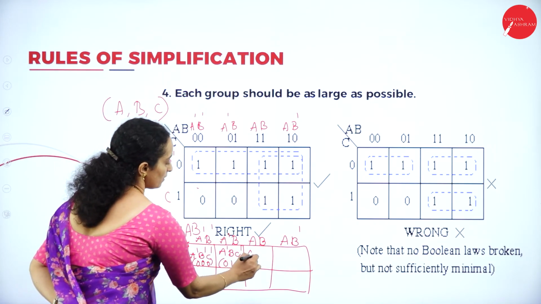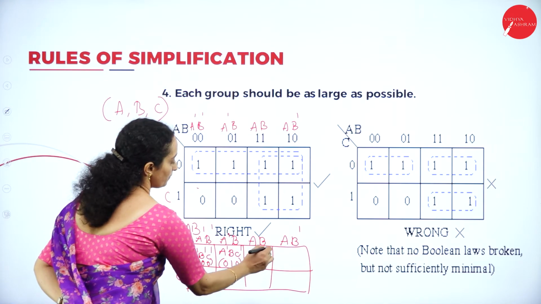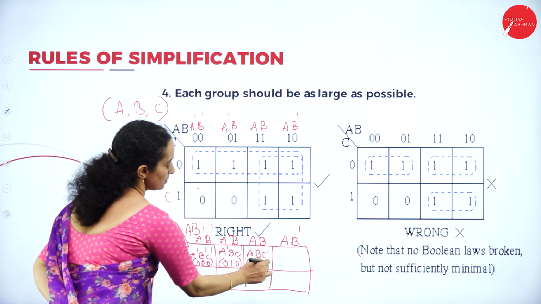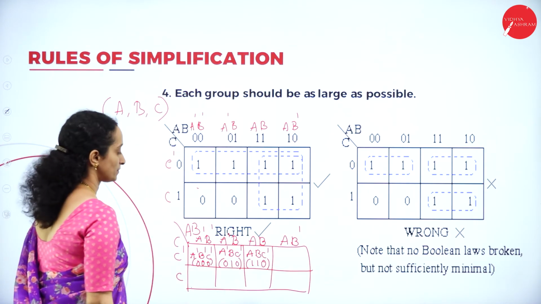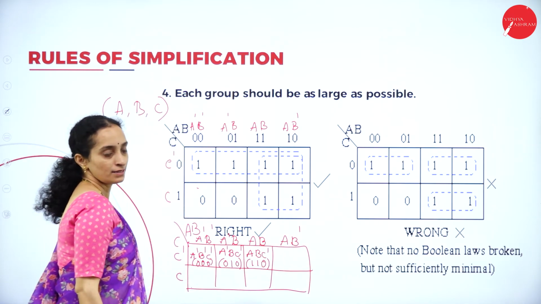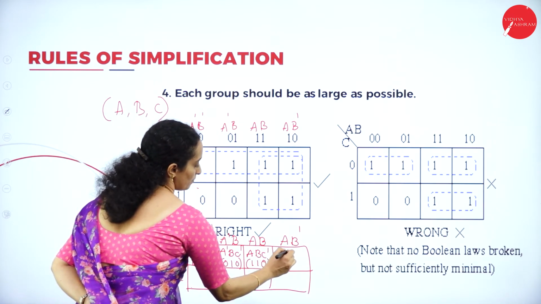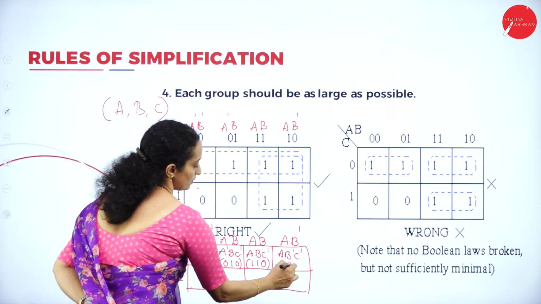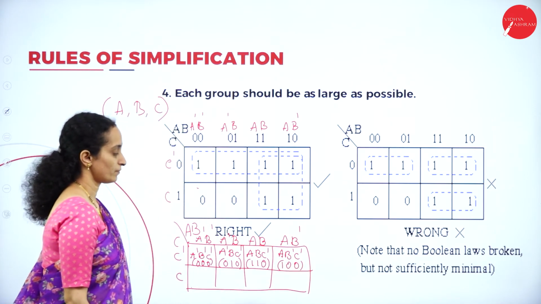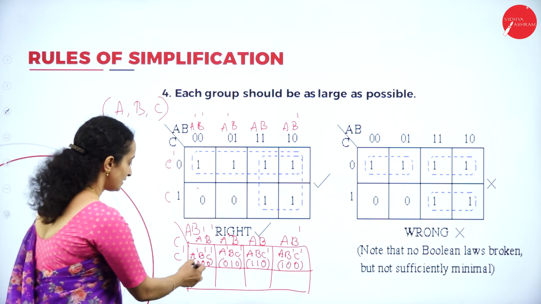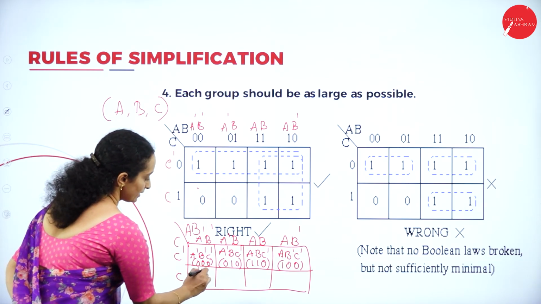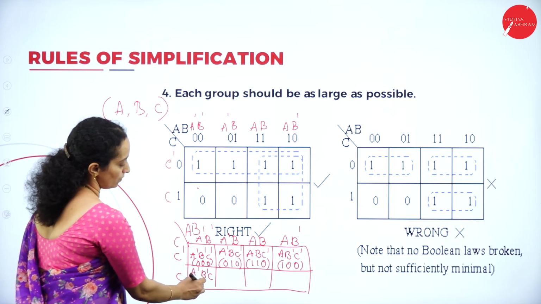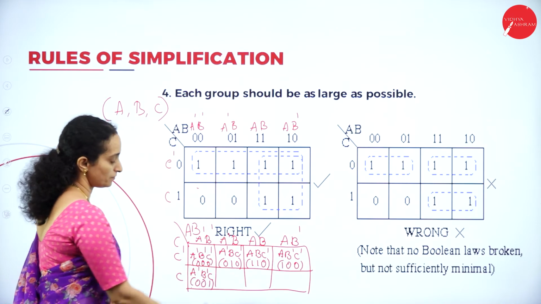Next we have A, B, C dash. This is 1, 1, 0. Next we have A, B dash, C dash. That means 1, 0, 0. Next it is A dash, B dash, C, which represents 0, 0, 1.